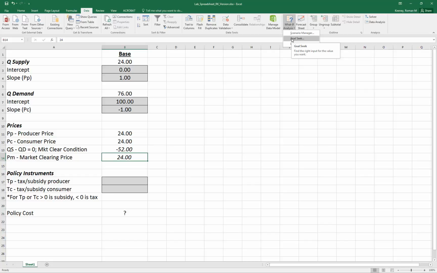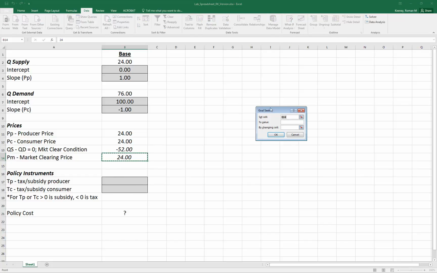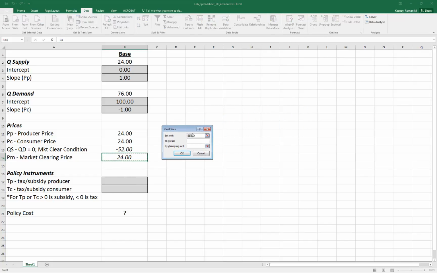Goal seek, if you open it, asks you for a set cell, and that's the cell that you have a target value for. The second piece says to value, and that's the target that you have in mind for that cell. And then finally it says by changing which cell.